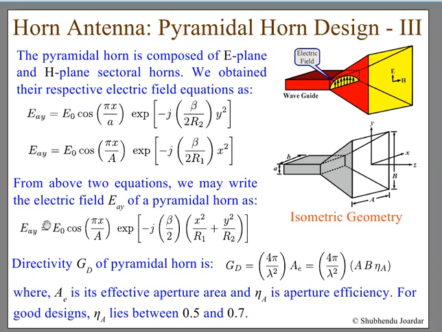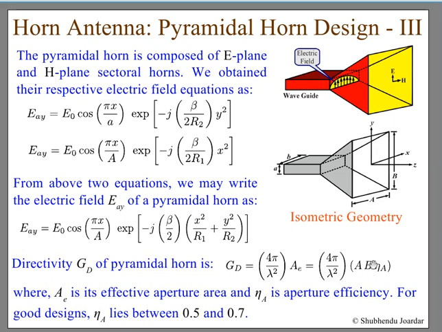And once you get this one, then you can also find the directivity. G is equal to 4 pi A by lambda square, but I think everybody knows this by this time. And this is equal to 4 pi by lambda square into the area of the horn, that is this one, into the antenna aperture efficiency.